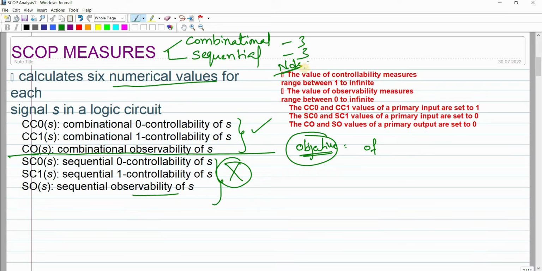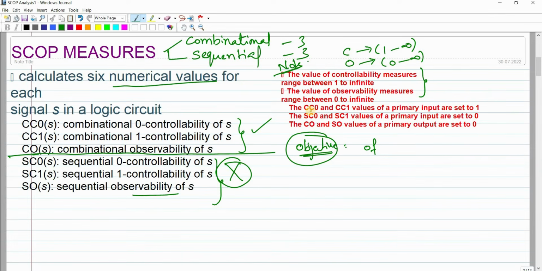These are very important points before solving a logic circuit using SCOAP analysis. The value of controllability lies between 1 and infinity, whereas observability lies between 0 and infinity.